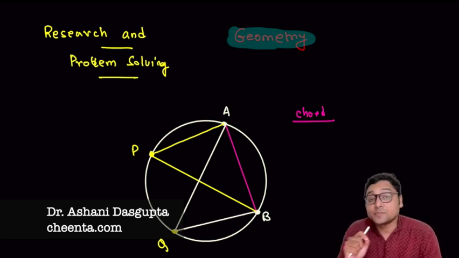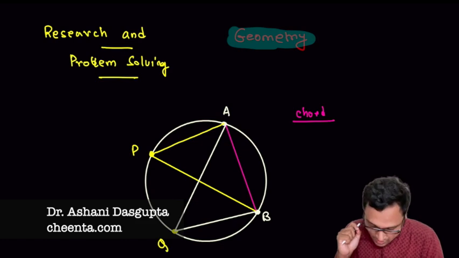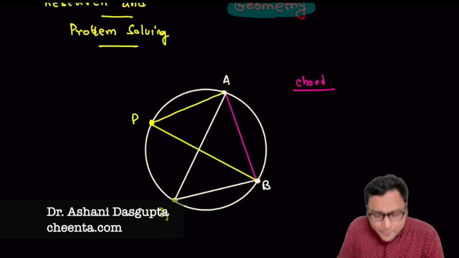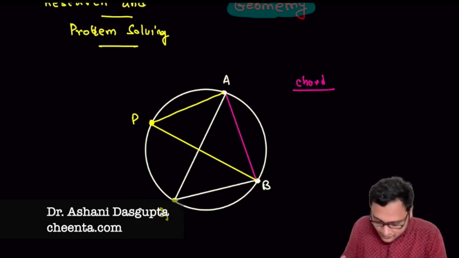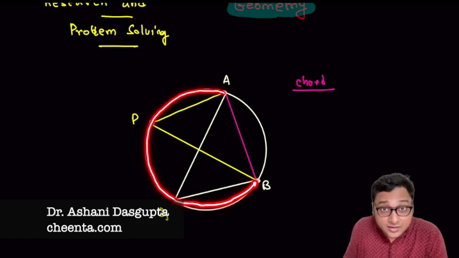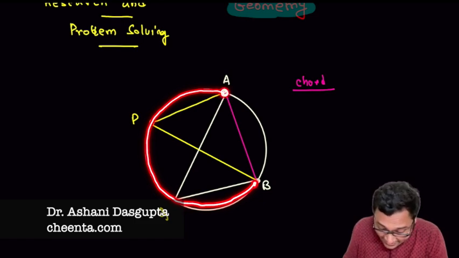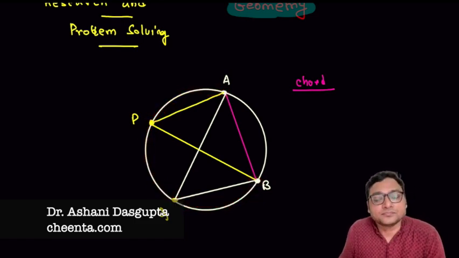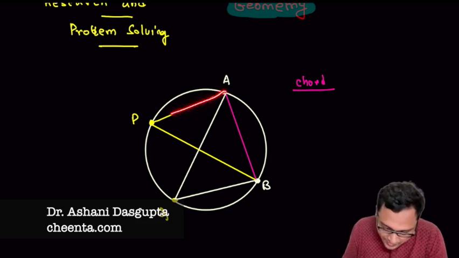So you can draw this picture in your notebook. You can draw P and Q anywhere as long as it is on this part of the circle, that is the arc starting at A and ending at B. Okay? You can draw P and Q anywhere.